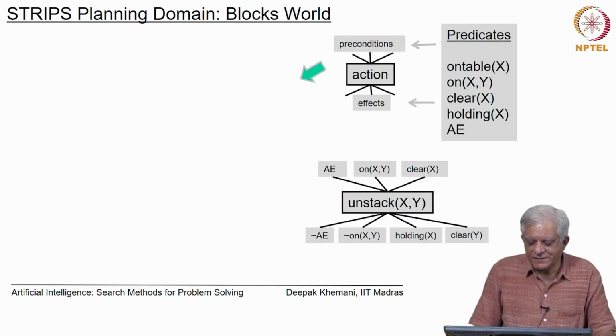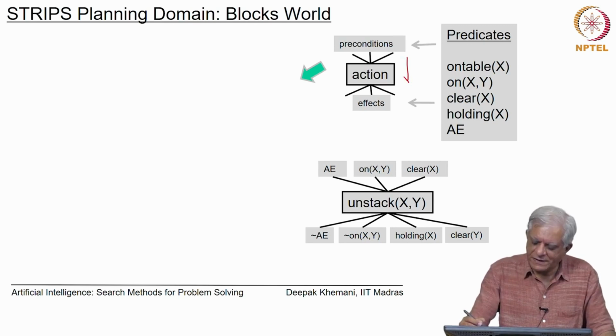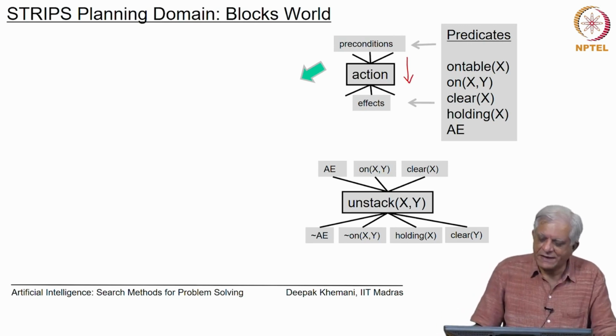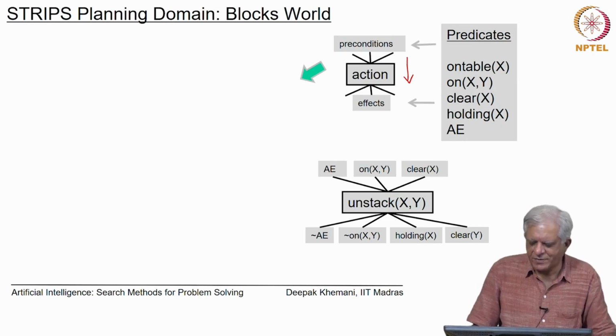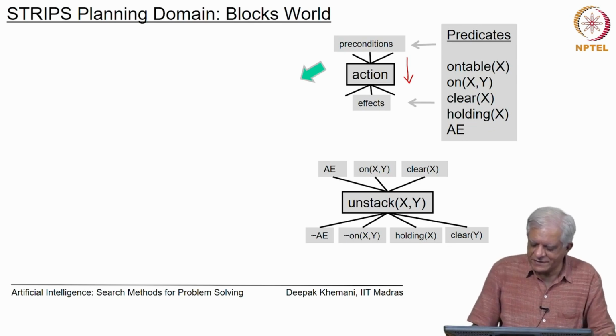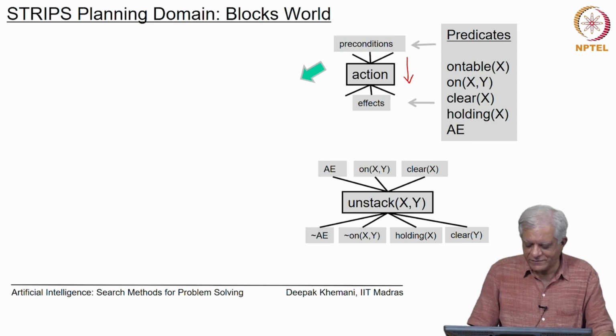On the top we can see that an action which is an instance of an operator would have certain preconditions and certain effects. So, in some sense there is an arrow of time which is flowing like this: if the preconditions are true, then you can do that action and then the effects will become true, as the case may be, positive or negative effects.